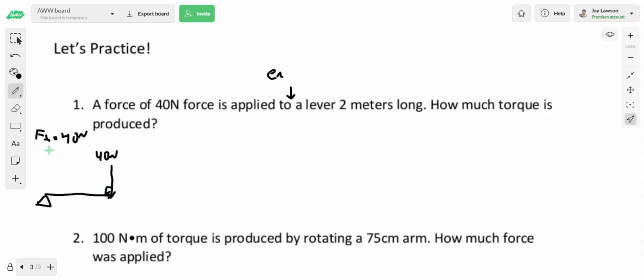Remember, because the definition of torque said a force applied perpendicular to the moment arm. So keep that in mind. We're also given the length of the moment arm to be 2 meters. So from here to here, 2 meters. And we're wanting to know how much torque is produced.